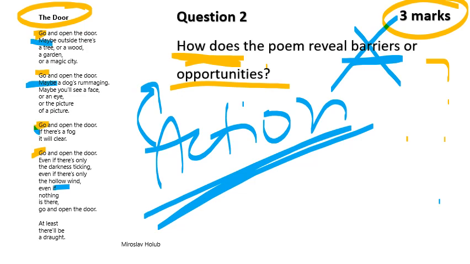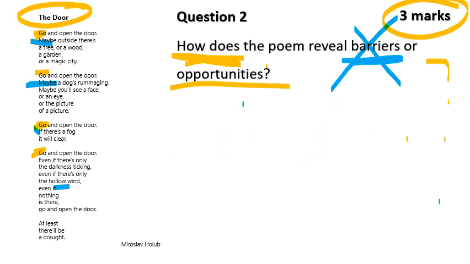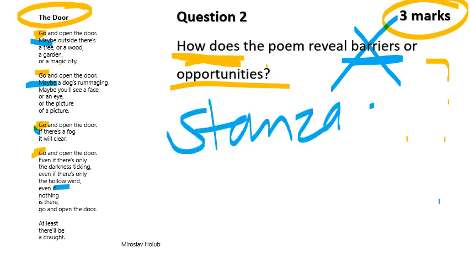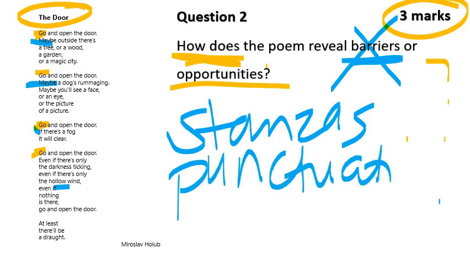So you might want to look for other techniques that the poem is using. You might want to identify the varying lengths of the stanzas. You might want to identify something about the punctuation. You can see that the stanzas and the punctuation do have a big impact on the flow and the rhythm of the poem.